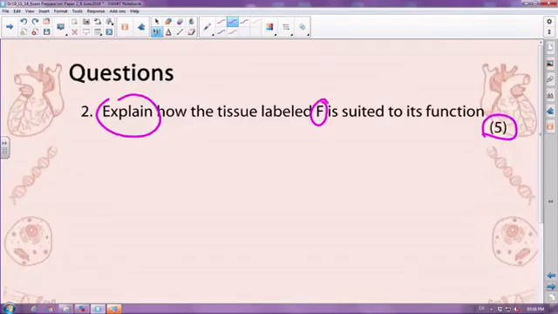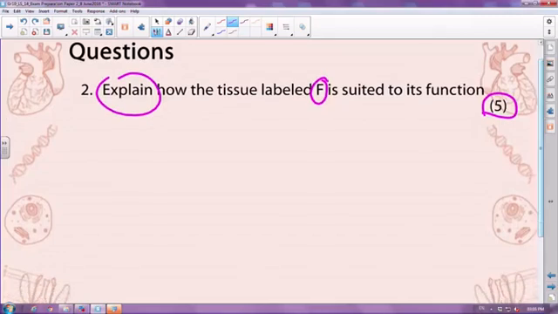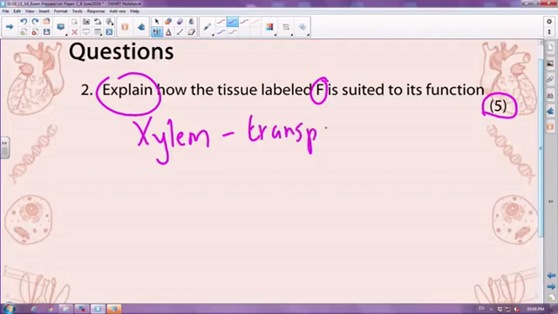Okay, so first of all, so we can get our thoughts into place, the first thing I'm going to do is say it's the xylem. Now, what is its function? Its function is to transport water and mineral salts, up from the roots, up to the leaves.